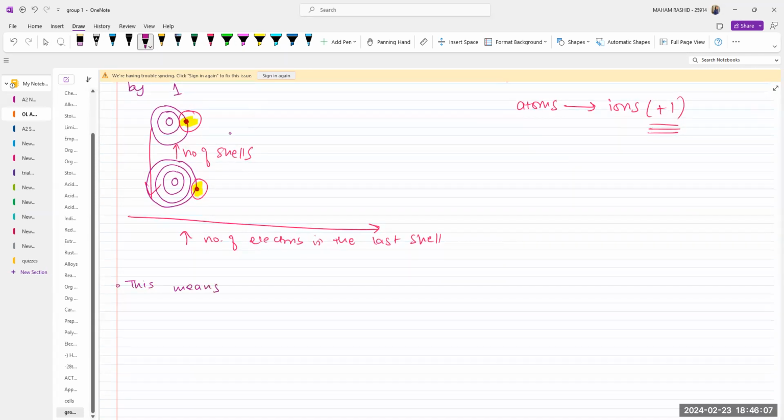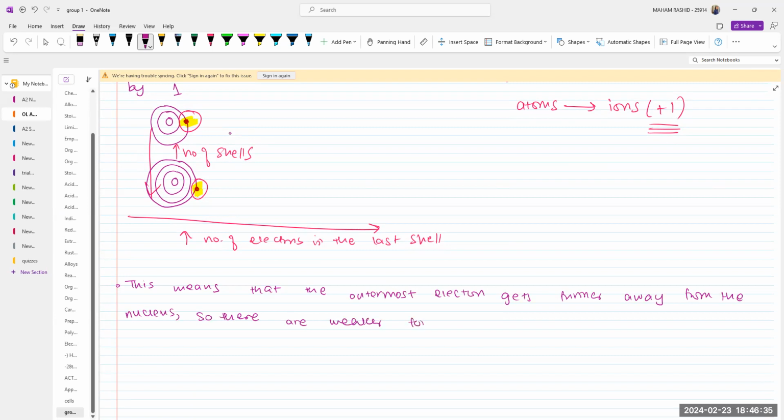This means that the outermost electron gets further away from the nucleus. So there are weaker forces of attraction between the outermost electron and the nucleus.